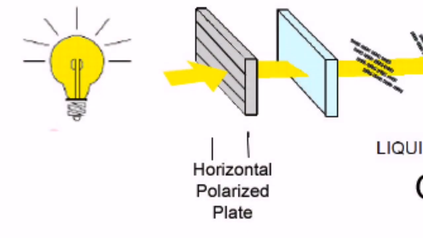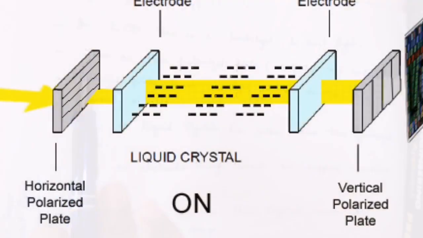So in LCD, there are two polarized glass plates, horizontal and vertical.